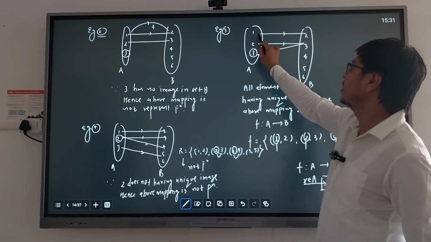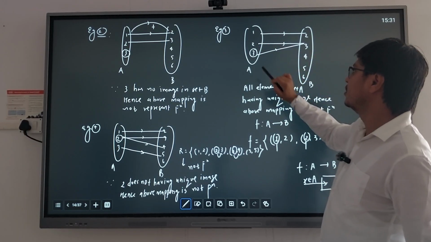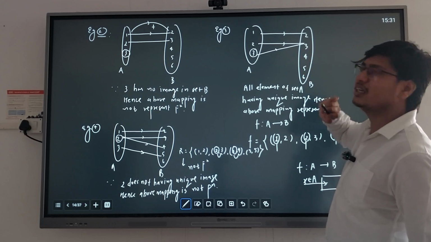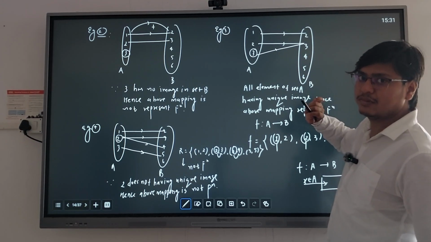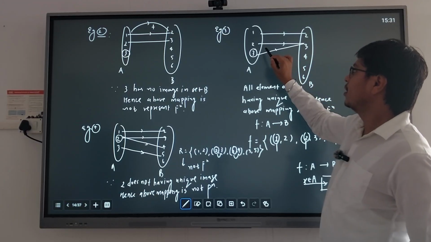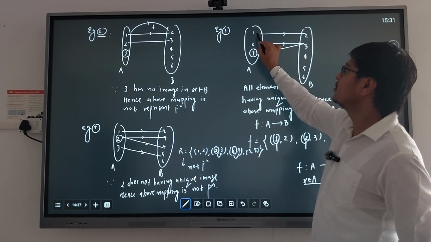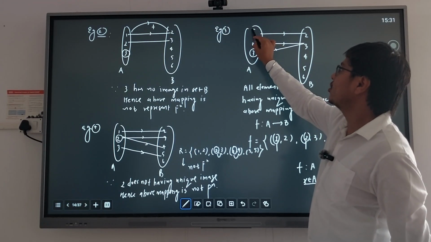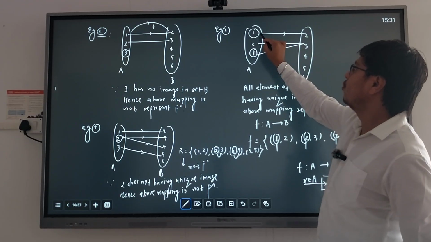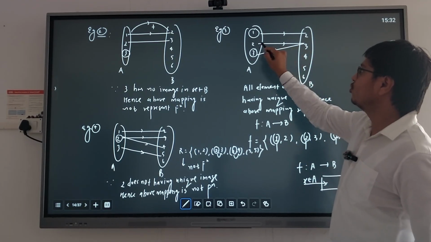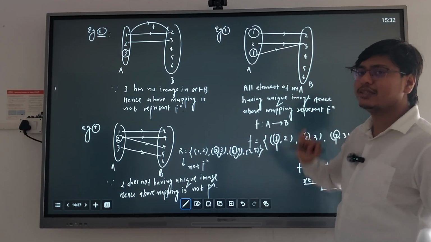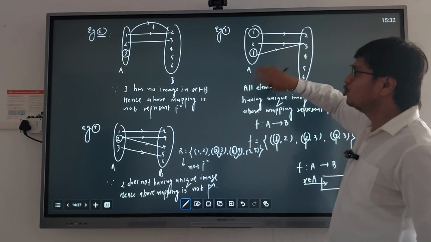The first element has only a single image, the second element also has a single image, and the third element also has a single image. If only one arrow can be drawn from one element, that represents a single image. So this is one arrow and one arrow, which represents a single image. Single image means unique image.